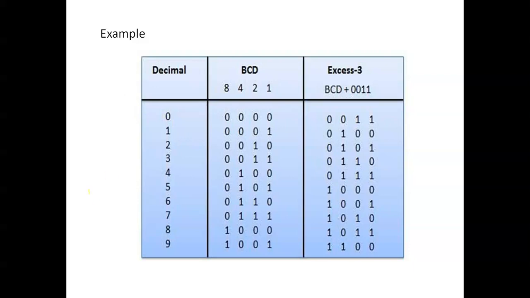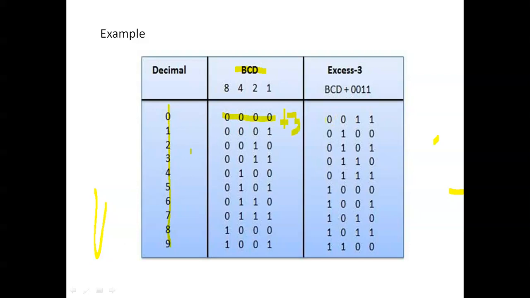See the example. Here 0, 1, 2, 7, 8, 9 are the decimal numbers, and BCD starts from 0 to 9. After 9, that is 10, 11, 12, are invalid BCD numbers; only 0 to 9 are valid BCD numbers. Here we just add 3.